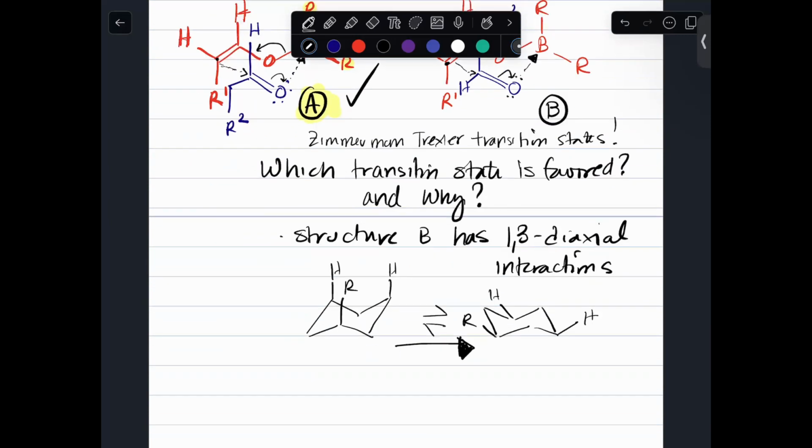Because in the axial position, there are 1,3 diaxial interactions.